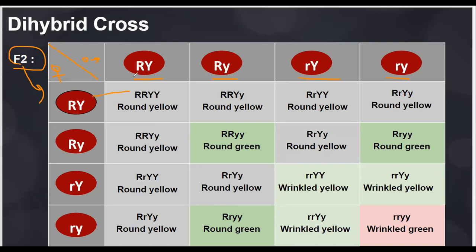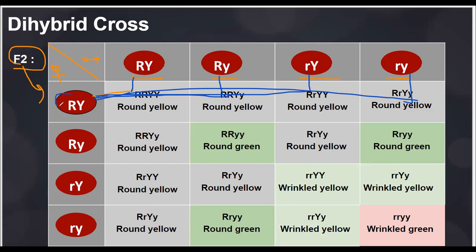Now we'll do the crosses. We'll multiply and let's see what you get. So the answer is in front of you. First this into this will give you 2 capital R, 2 capital Y, then this into this, then this into this, then this into this.